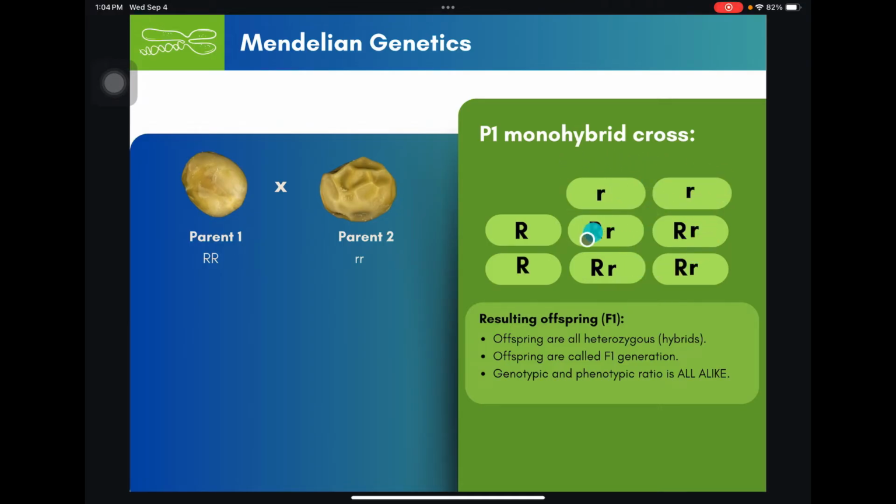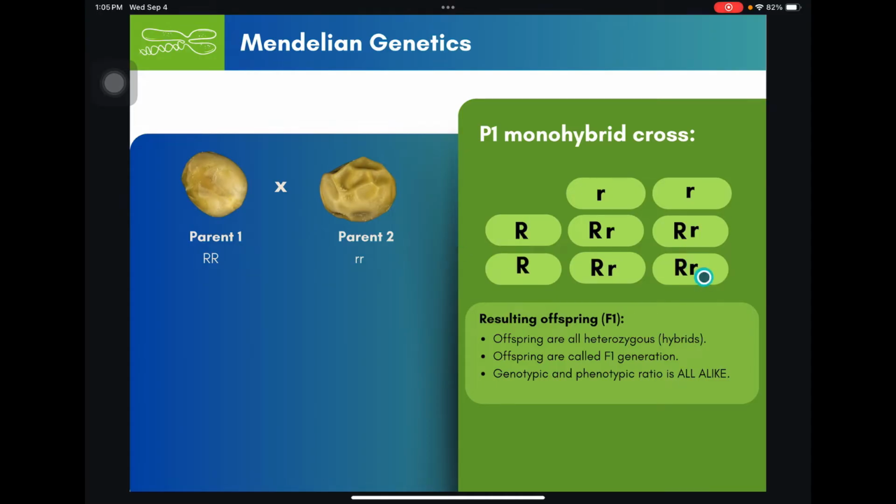And as such, 100% of our offspring will contain heterozygous alleles. And if I'm going to ask you, what do you think is the phenotype of the resulting offspring from this cross? You might want to pause the video if you want to answer.